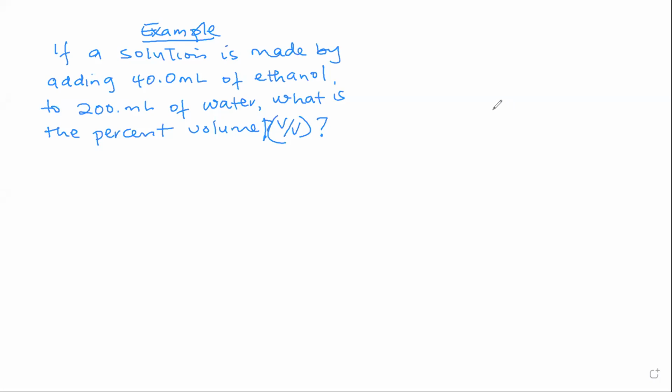So let's look at this example. If a solution is made by adding 40.0 ml of methanol to 200 ml of water, what is the percent volume? Again, we have to understand the question.